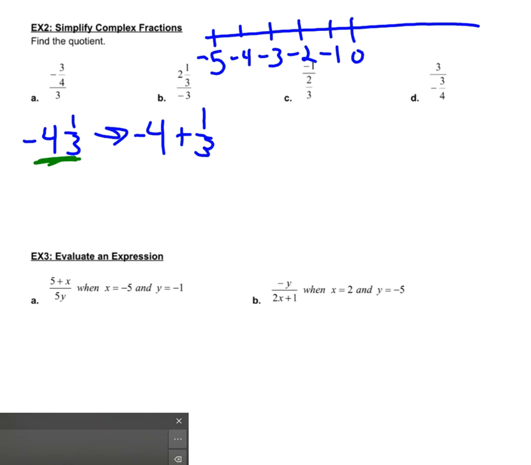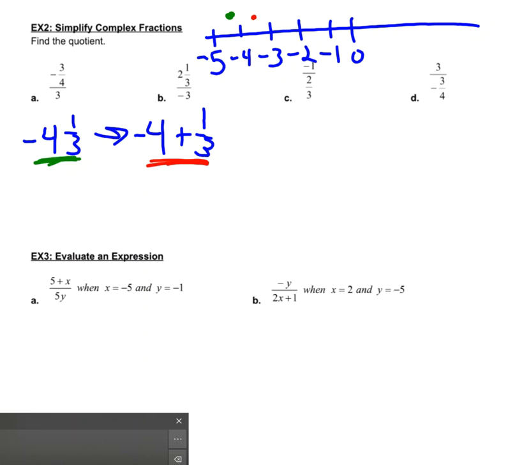We are more than 4, but we're into the negative, so more to the left. So maybe around there is where our point would be. What I wrote here in red now, negative 4 plus 1/3, that means starting at negative 4 and then adding 1/3, so going to the right 1/3.